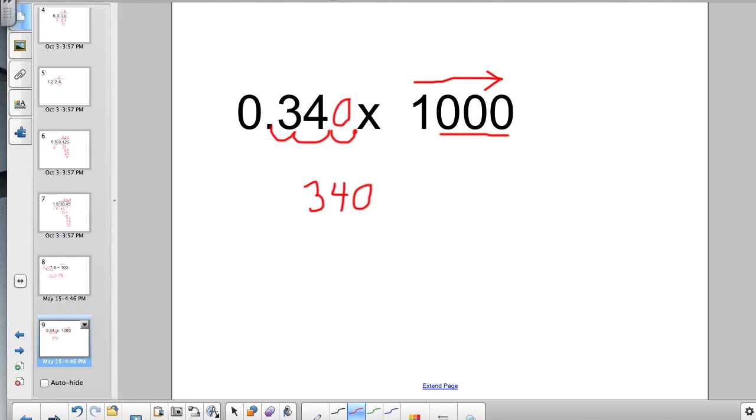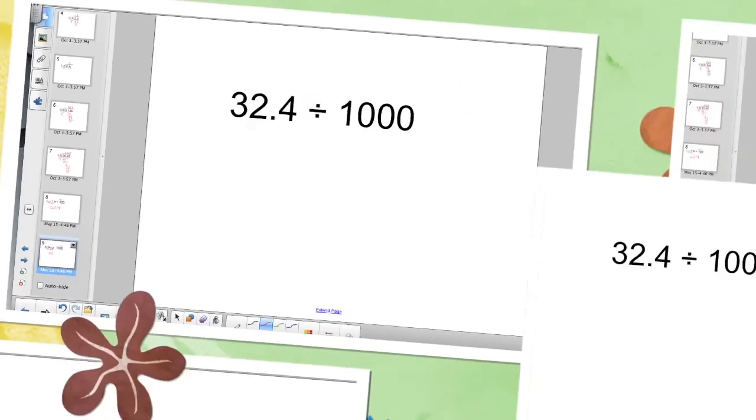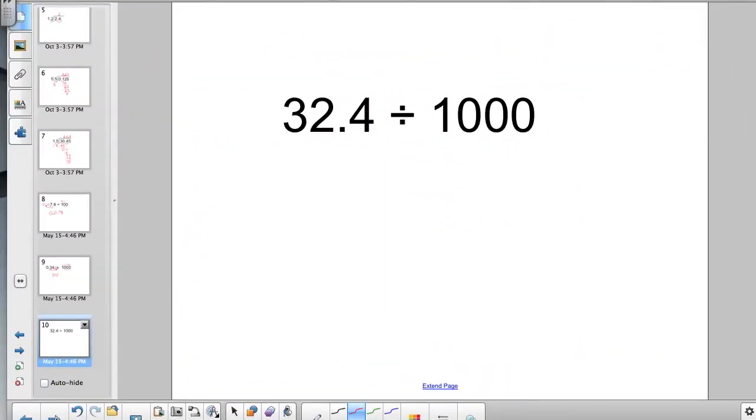So our last one before we go into the Socrative quiz. Here I have 32 4/10 divided by 1,000, right? So remember, when I divide, my numbers are getting smaller. So I want to move the decimal point over the same number of zeros.